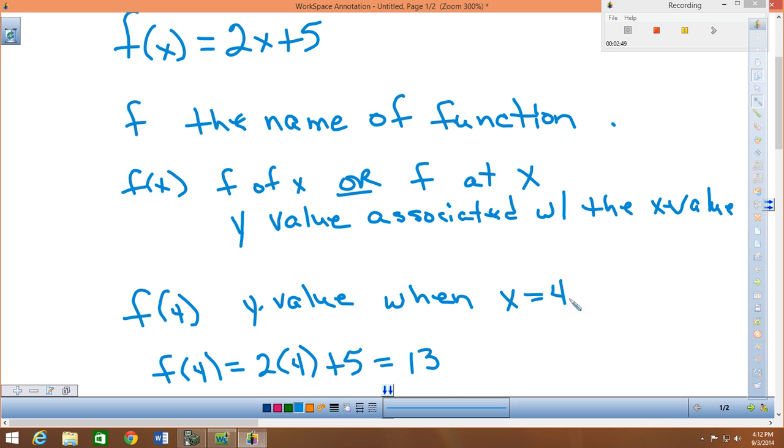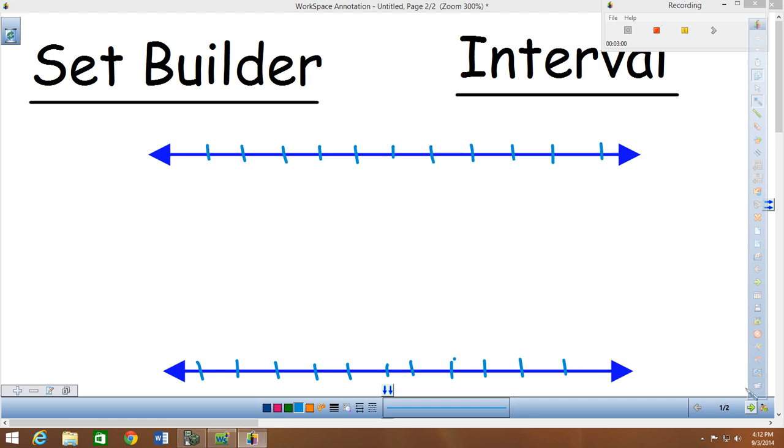Okay. The other thing I want to talk to you about in this first function video is something called interval notation. In the past, you have written things in what's called set builder notation. And what I mean for that is when we're comparing things to a particular value.